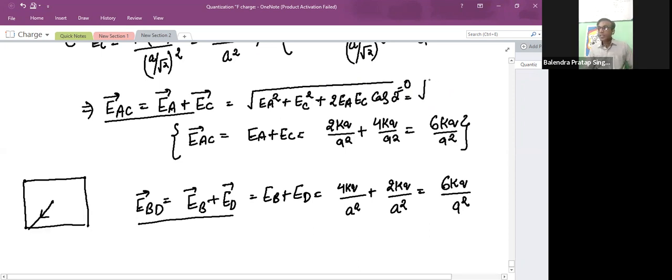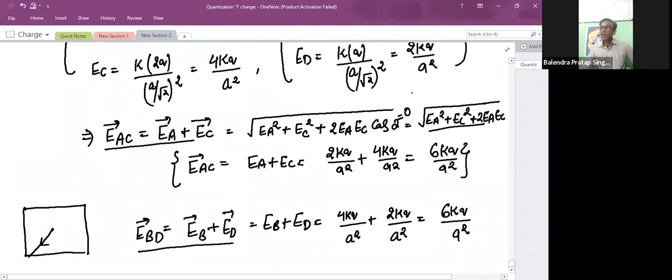In this case it will be EA square plus EC square plus 2 EA EC, and that will give you a complete square. I'm writing here, this will give you under root of (EA plus EC) whole square. That's why the square root and the square cancel each other.